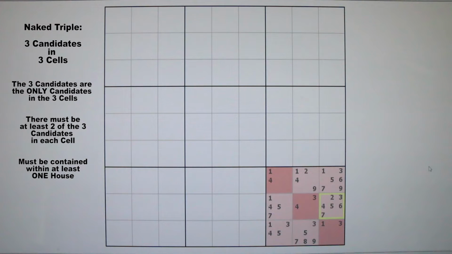But still, that means that no other 1, 4, or 3 can exist or be true in the rest of the block. So we can eliminate that 1 and that 4. We can eliminate that 1 and that 3. We can eliminate that 1 and that 4. We can eliminate that 4 and that 3. And that 1, 4, and 3, and that 3. And all those eliminations are possible because we have a naked triple that lies entirely within block 9.